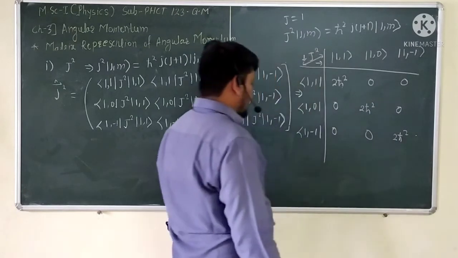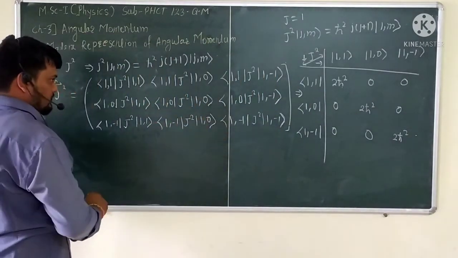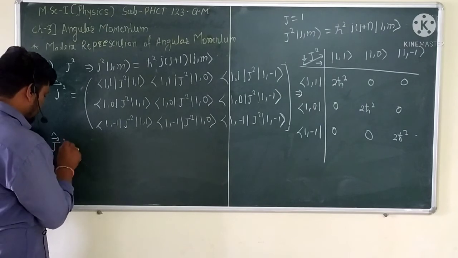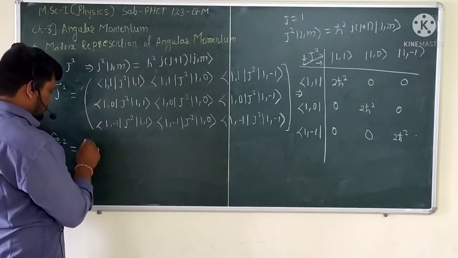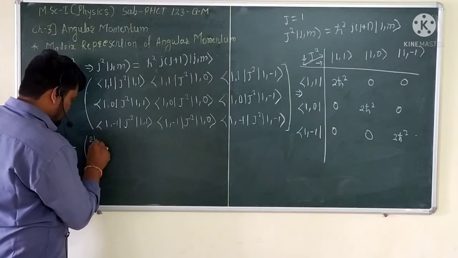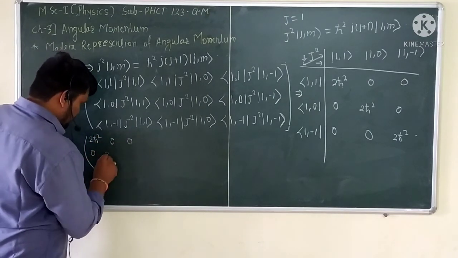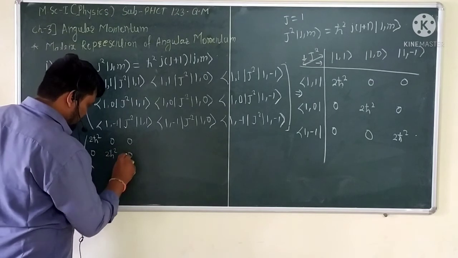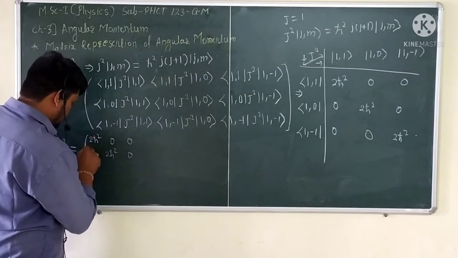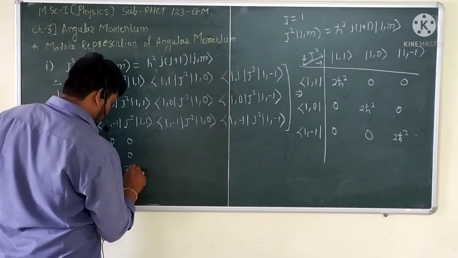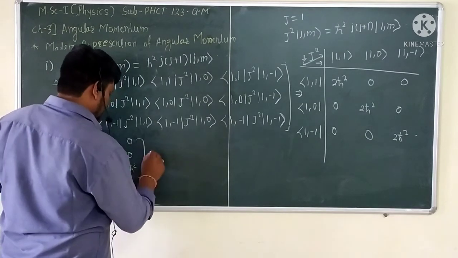Okay, and if we see this matrix representation, J square is equal to, in brackets, 2ħ² 0 0, 0 2ħ² 0, and again 0 0 2ħ².